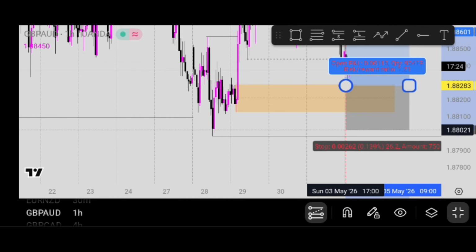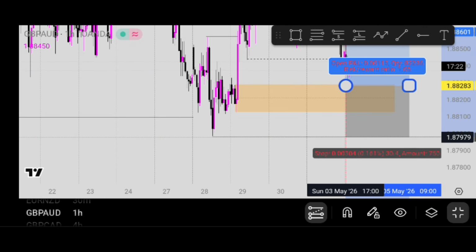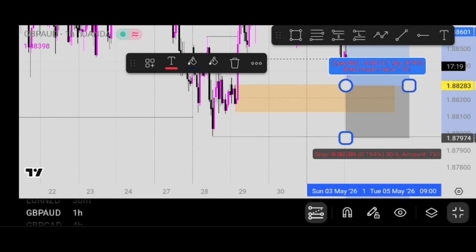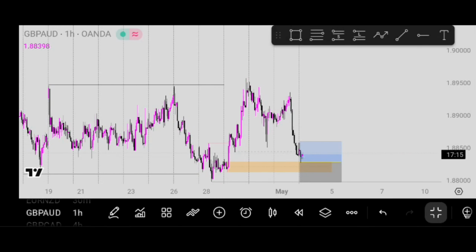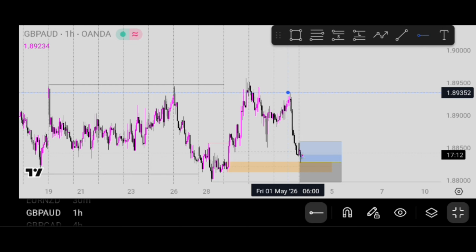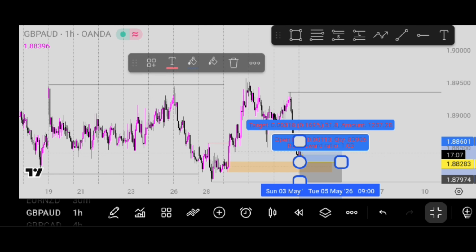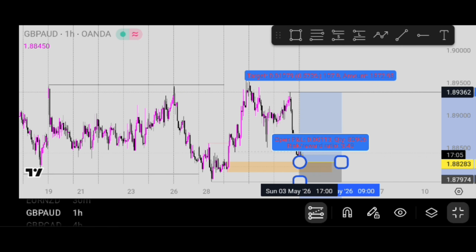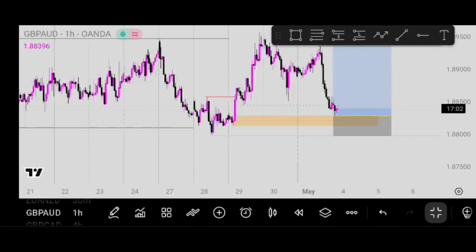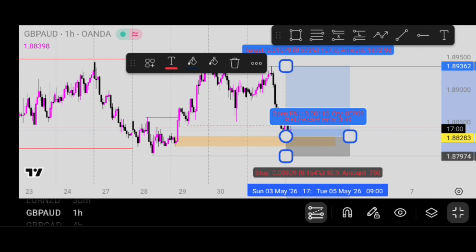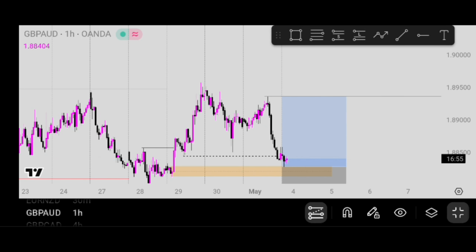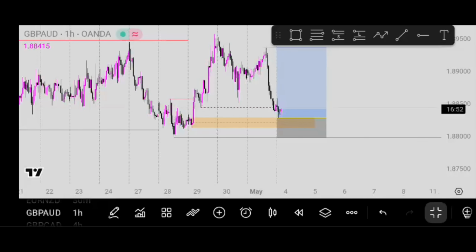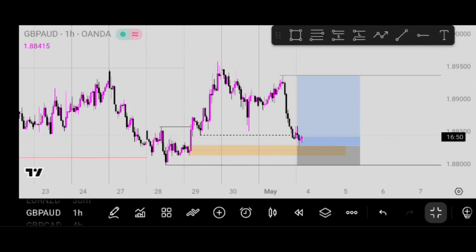Our stop loss is going to be 2 pips down, and then our target, we are targeting this high to be wiped out first. So this is our exit. So we are risking 30 pips for 100 pips. That is a 1 to 3 risk to reward ratio. So let's wait to see how market prints.